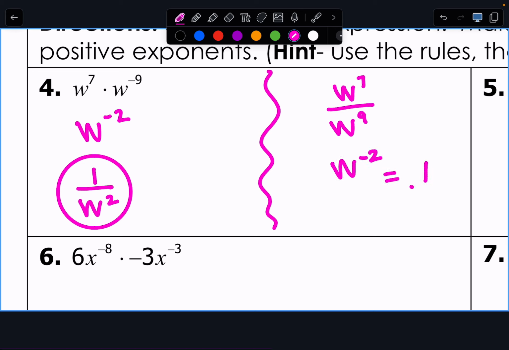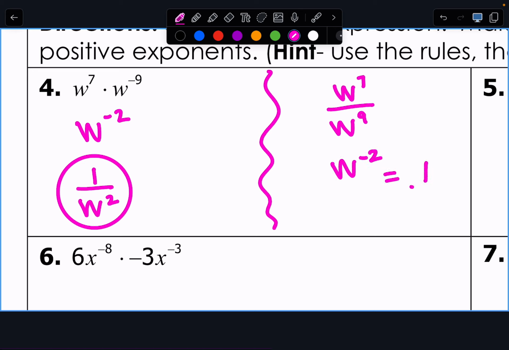Okay? Or you can think of it like this. And maybe you don't need this step right here. Maybe you know that I'm subtracting 7 minus 9, but it's negative, so I know I have to write it like this, okay? Either way, it's the same amount of processing, okay?